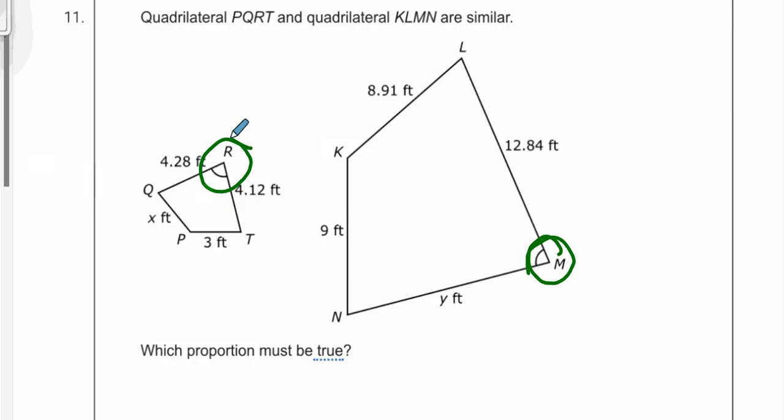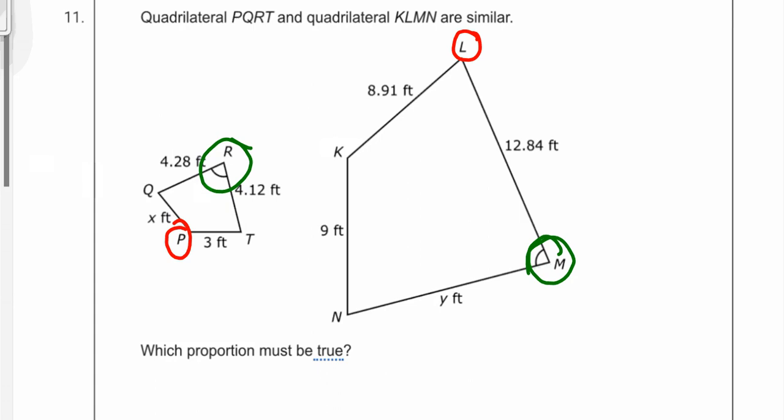So I'm going to go ahead and imagine these are turned. So I have L, M, N, K. And so L and P go together, okay? And M and R are going to go together because of that angle.